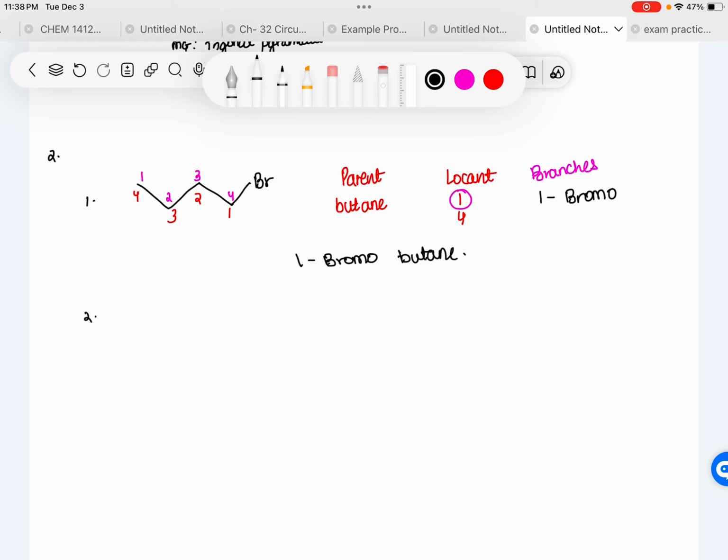The second constitutional isomer looks like this. Let us name the parent. First, let's name it from this way, and name it from the other side.